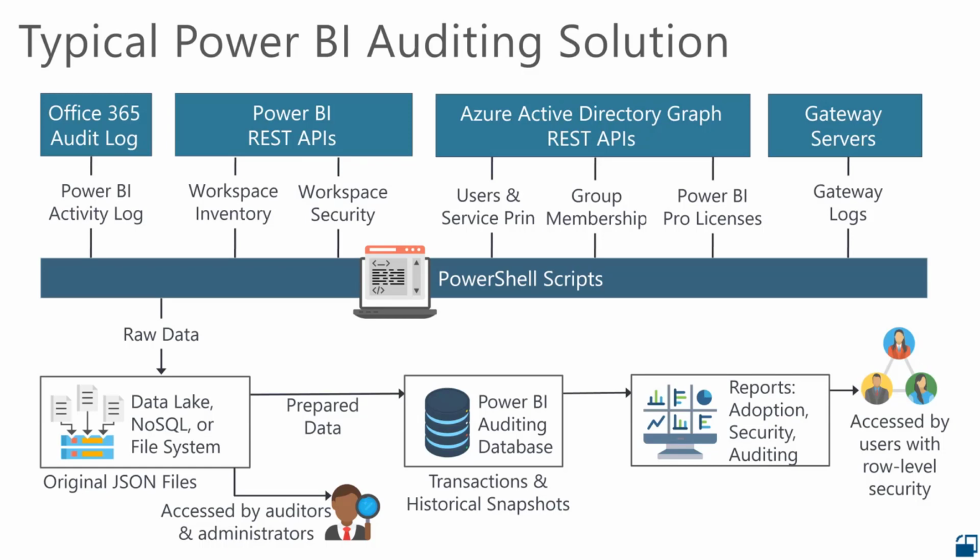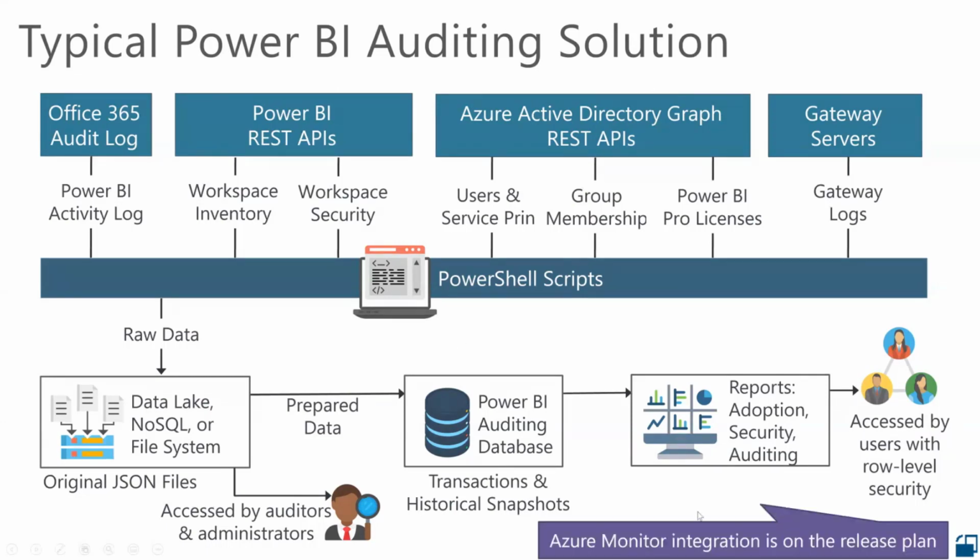And of course, we trust them all, but. And then as you'd expect, we've got our prepared data, and then we do various reports, and we can even make it available to users throughout the organization that want to understand more about what's happening inside of their solutions. So that's what I typically deploy.